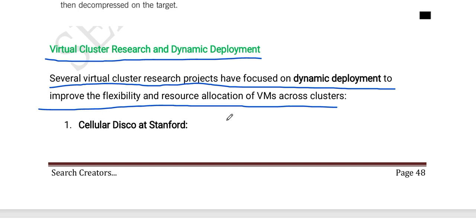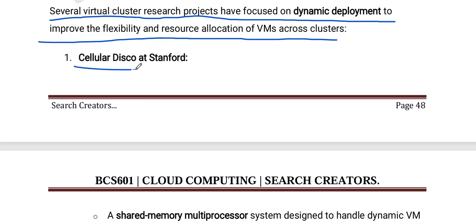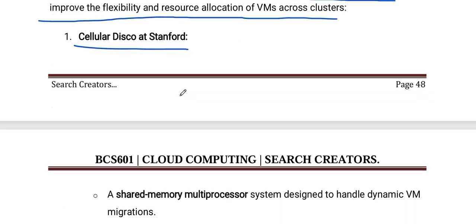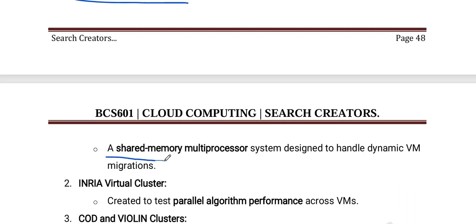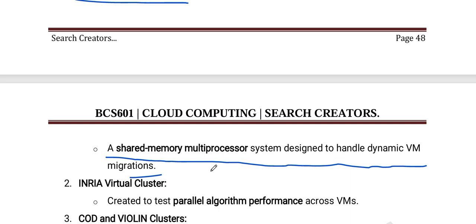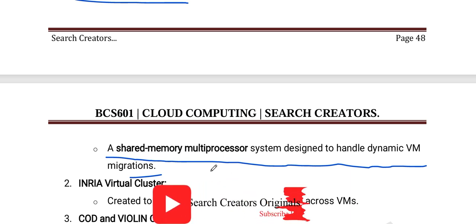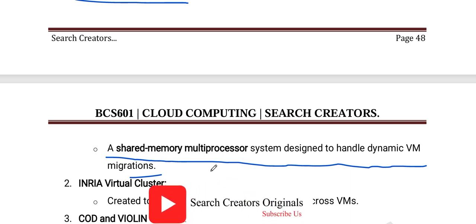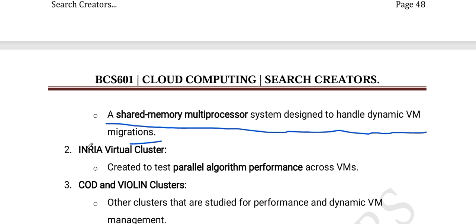The first one is Cellular Disco at Stanford, a shared memory multiprocessor system designed to handle dynamic VM migration. Next is the Indra Virtual Cluster, created to test parallel algorithm performance across VMs.